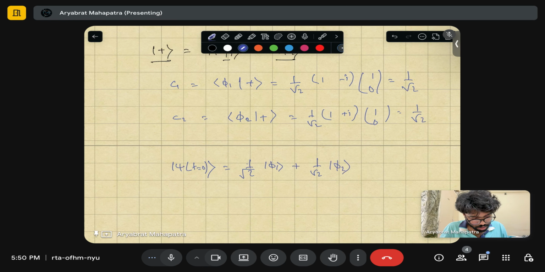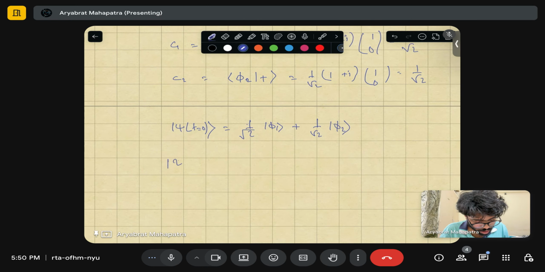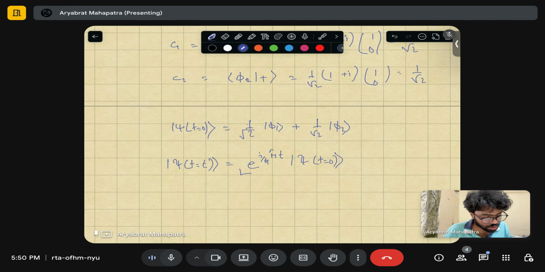Now I have to check what is psi at t equal to t. So at t equal to t, I know that I can use this evolution operator, e to the power minus iHt over ħ, acting on psi at t equal to 0. So to evolve an initial state, you use this evolution operator.